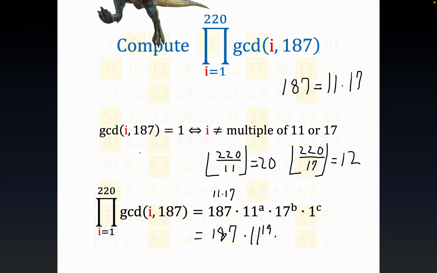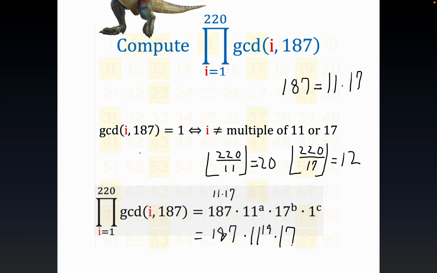And the next one will be 17 raised to the 11th. Now, what happened to the 20 and the 12, where you see that you're using up the 11 and the 17 right here? So this is 19, this is 11. 19 and 11 is 30. And then this one factor makes 31 factors that we've worked with that are not equal to 1. And so when you subtract 31 from 220, you actually get 189.